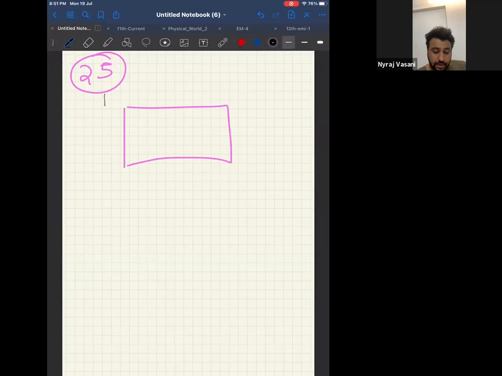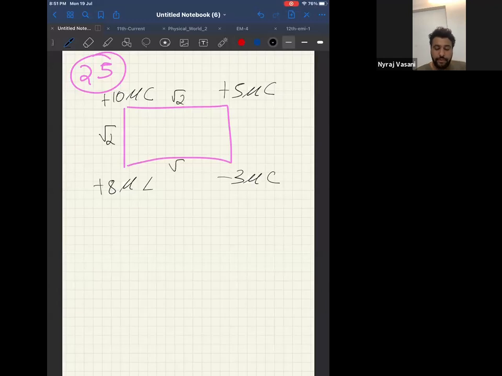Electric charges of plus 10 microcoulomb, plus 5 microcoulomb, minus 3 microcoulomb, and plus 8 microcoulomb are placed at the corners of a square of side root 2 meter.